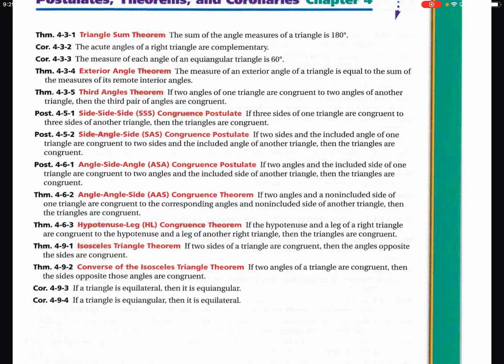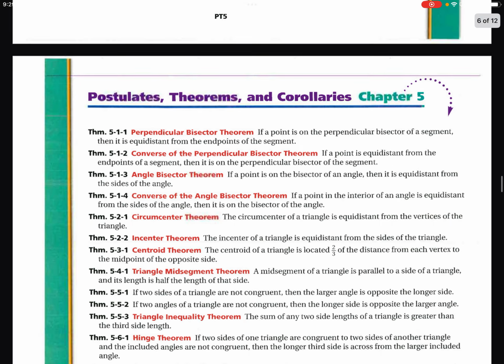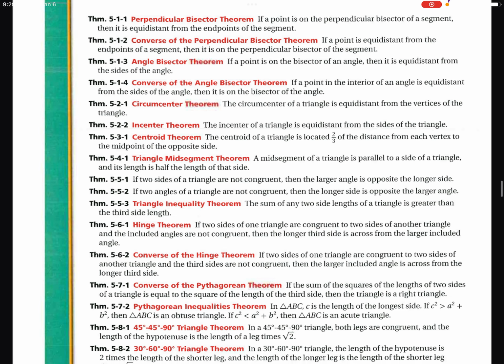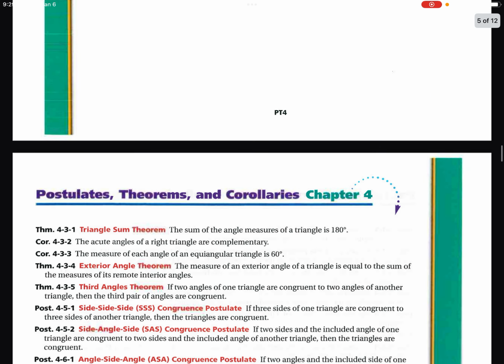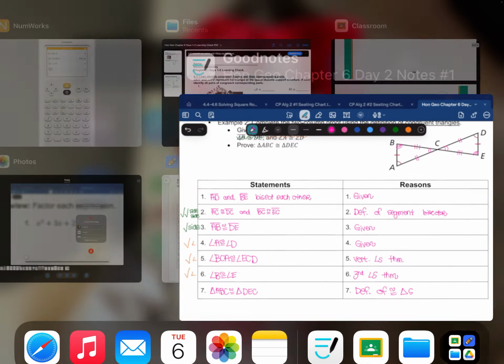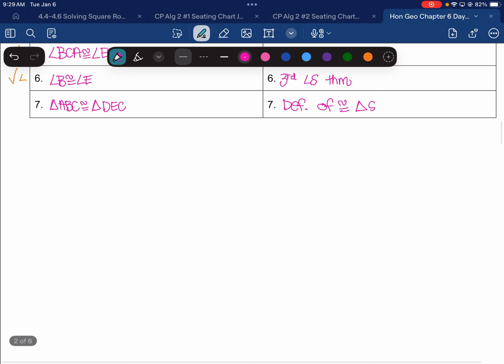They're out of order because, look, here's the things we're going to use next. We did use a third angles theorem already. But here's the things we're going to use next. And those are in chapter 4. Remember, I was moving things around. Okay? But there's those things. All right. I don't think there's really anything else. But there is a lot of good information in there if you need to look at that. Just know it's there. Okay?